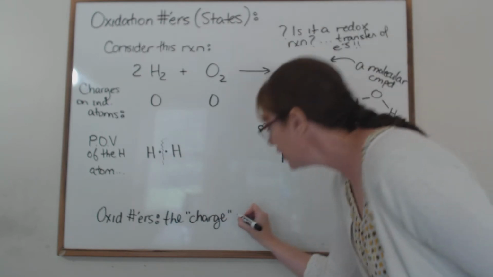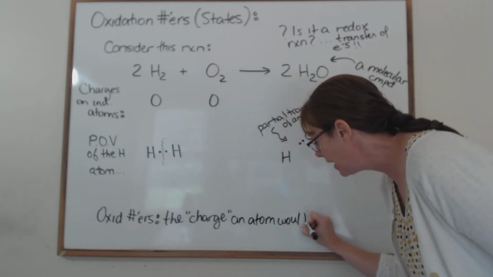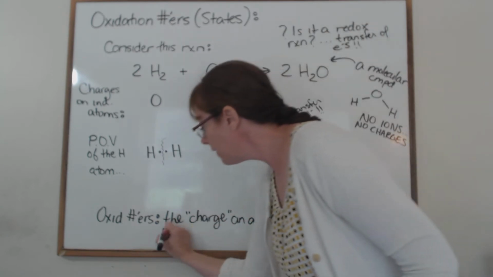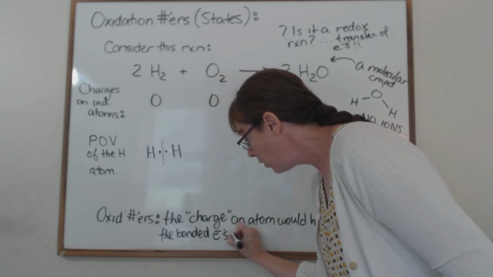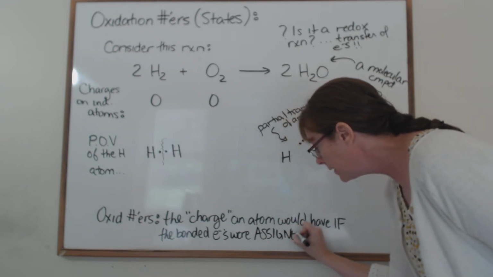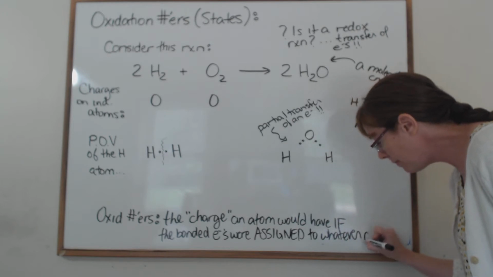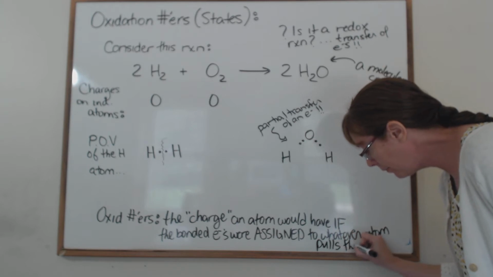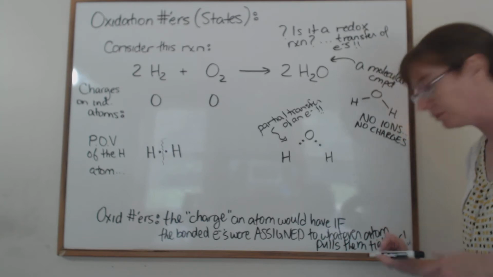But it's the charge an atom would have if, notice the hypotheticalness of this, if the bonded electrons were assigned to whatever atom pulls them tighter. And that is what an oxidation number is.